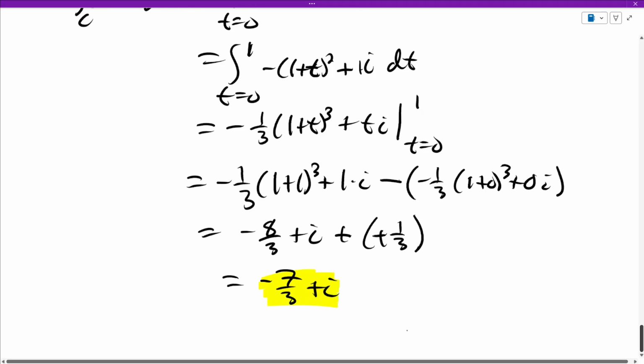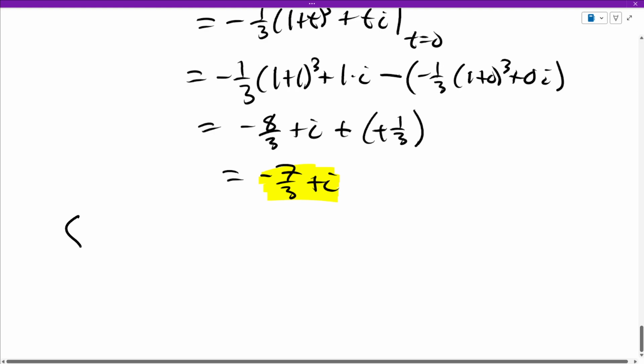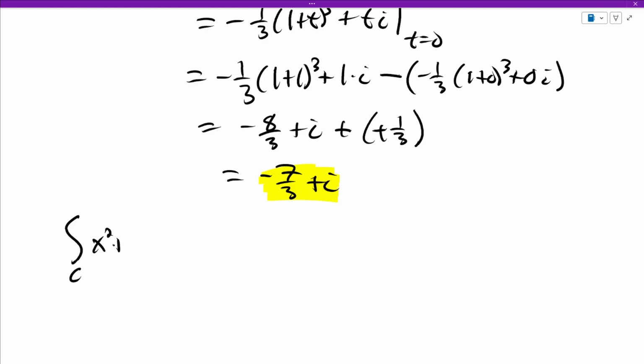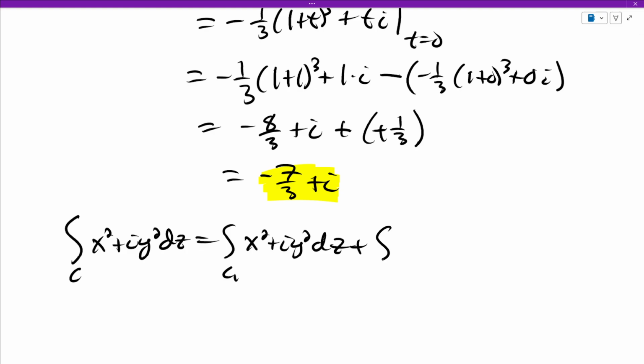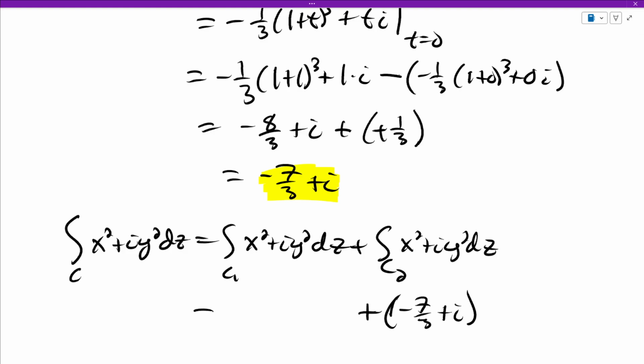Okay, cool. So that's the second piece for our contour integral. So the integral over C of x squared plus I y squared dz is the integral over the first piece, x squared plus I y squared dz, plus the integral over the second piece, x squared plus I y squared dz. The second piece we just computed to be negative 7/3 plus I, and the first piece I believe we found to be 2i/3.